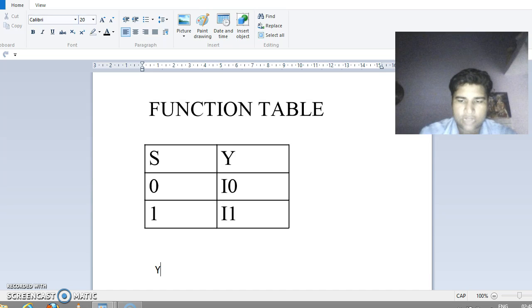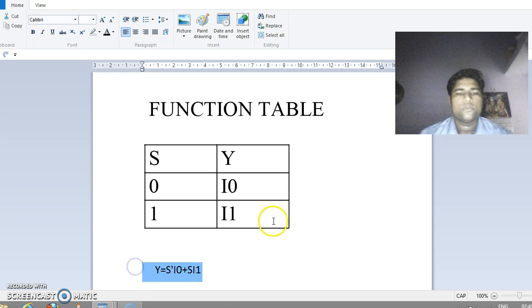So Y equal to S bar I0 plus S I1. This is the basic Boolean function of the output of a 2:1 multiplexer.